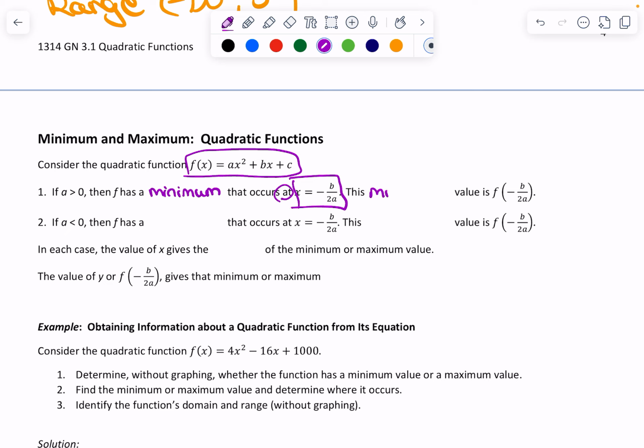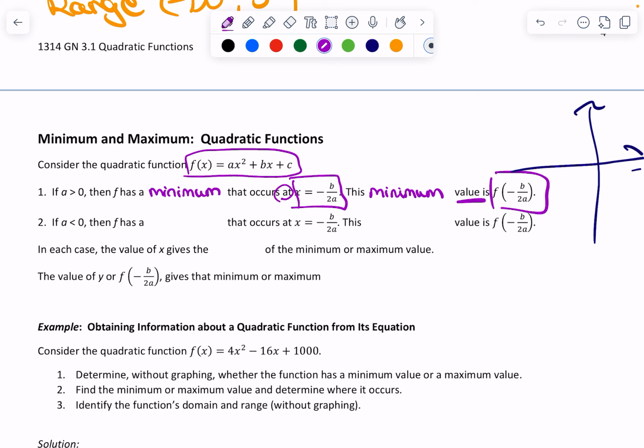This minimum value is f of negative b over 2a. Let me sketch this.